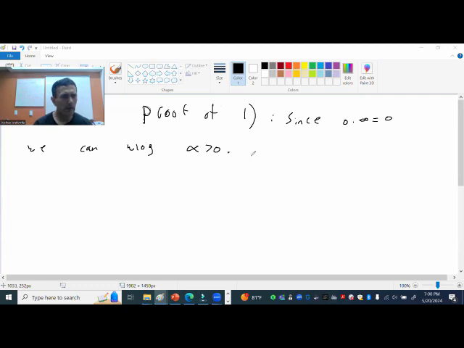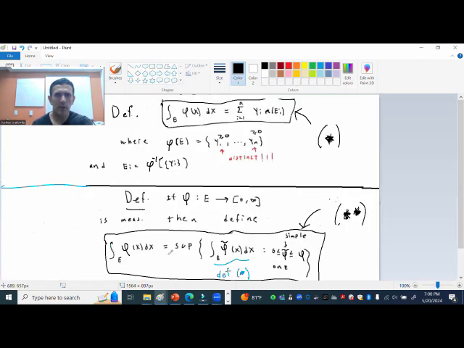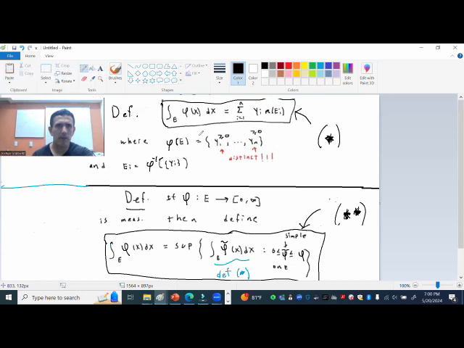Okay, so if alpha is bigger than 0, I'm just going to use the definition of this integral here. So the definition, well, just instead of var phi, plug in alpha f.